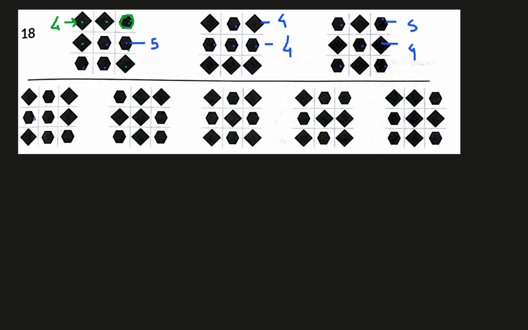Here if I see, I have 5 hexagons and 4 squares. And that solves the problem for me. But that is not the way I would look at it.